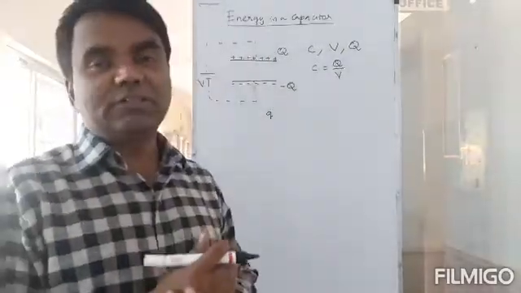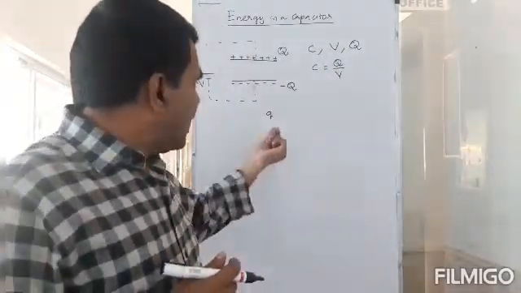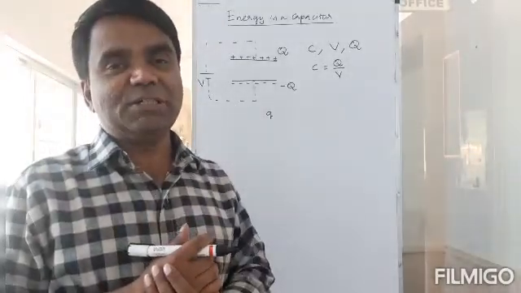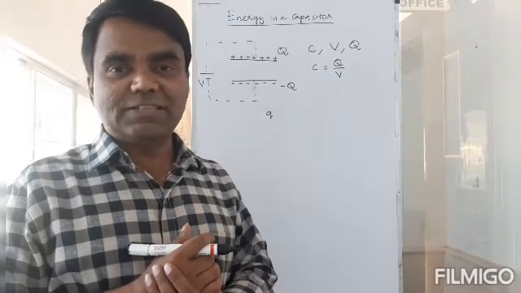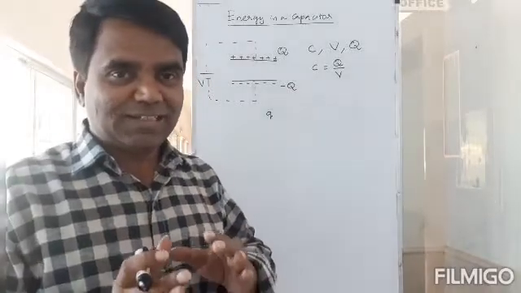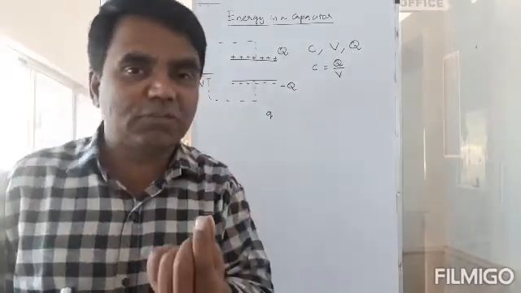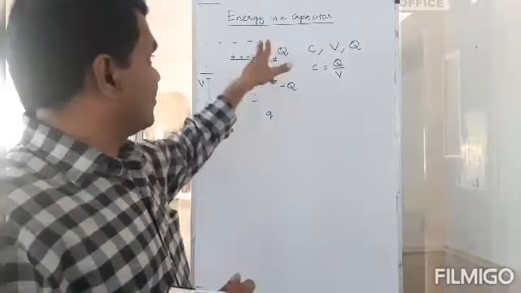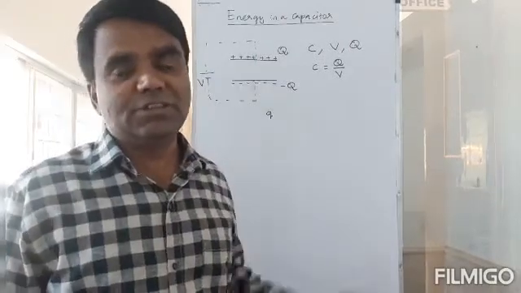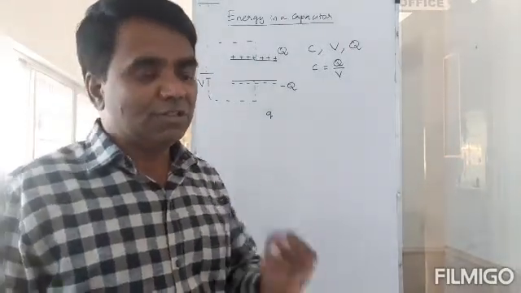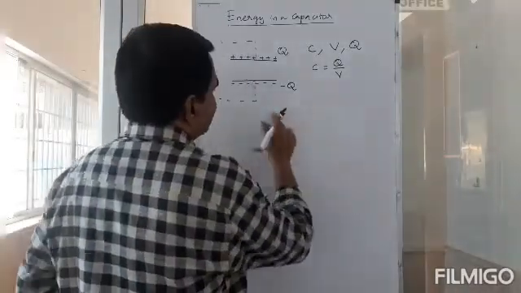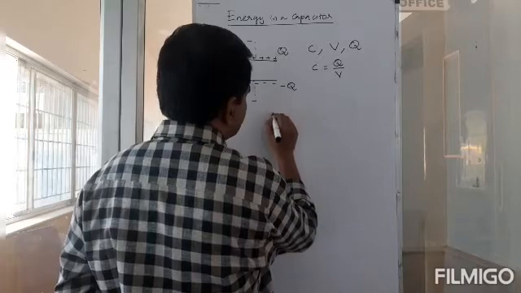And you need to do work to put another bit of charge there. Correct? That is the work you will be doing, to take a small amount of charge and place it on this plate when there is already small q amount of charge. You will do a small amount of work, right? First of all, what is the amount of work?